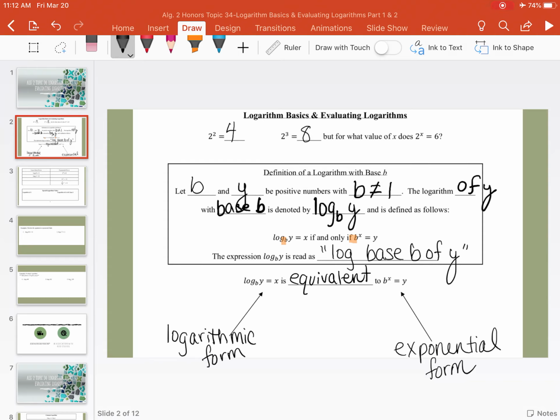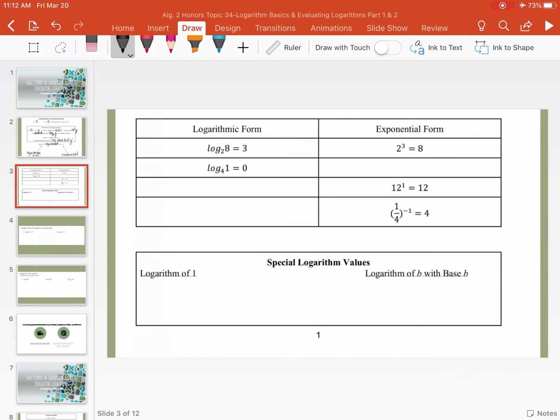Now let's work on translating between logarithmic form and exponential form. So if we have an example where we have log base 2 of 8 equals 3, that's the same thing as saying 2 to the third power equals 8. So notice here we're both dealing with our base of 2.